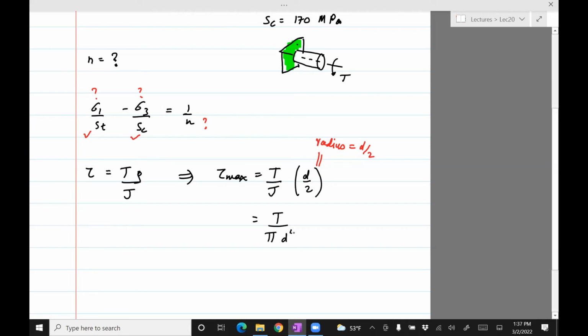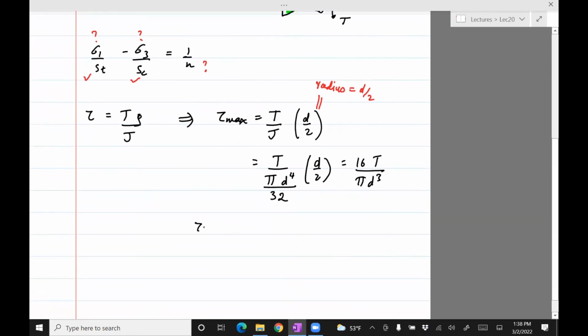J is pi d raised to 4 divided by 32 for a polar, and for beam I it's 64. Then with d divided by 2, that is 16 T. In other words, tau max equals 16 T divided by pi d cubed.